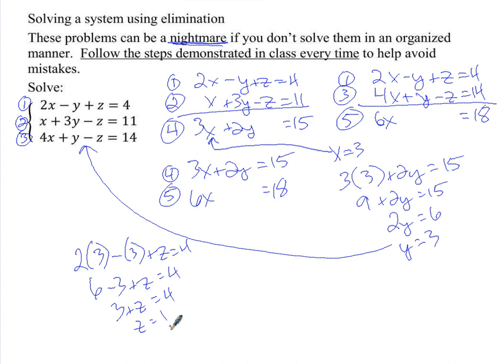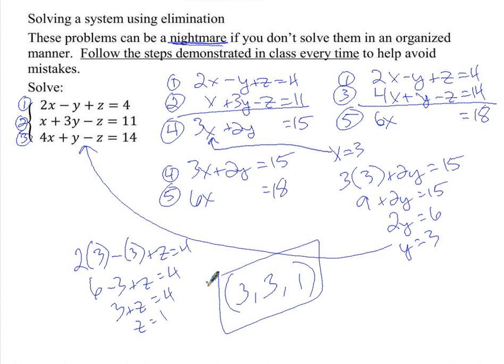Now I have all three of my coordinates. It is an ordered triple, x, comma y, comma z. There's the answer. And then you are going to substitute in those values and check your work to make sure that you're right. In all three equations, not just one, not two, all three.